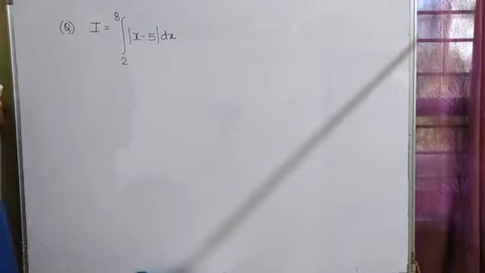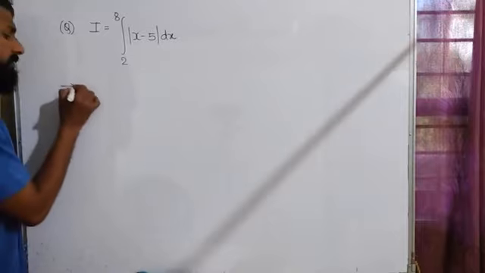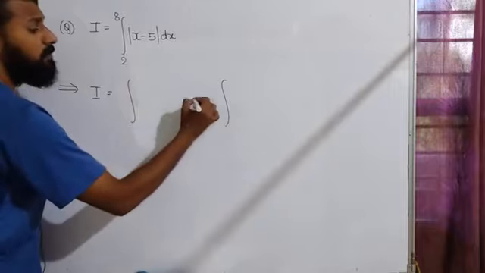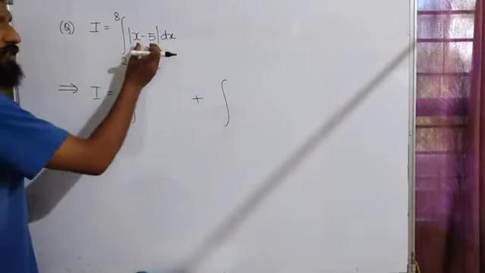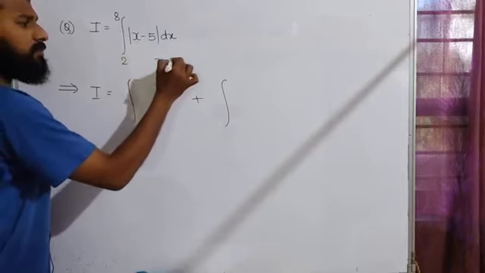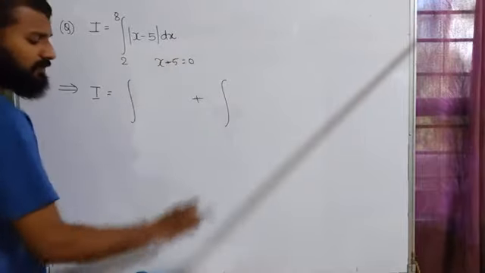Well, so the first thing is I need to break the limits. So how to break the limits? I need to check between what values I'll be getting a positive answer and a negative answer. I told you, no need to think much. x minus 5, if I equate it to 0, I'll get x minus 5 equal to 0. This minus 5 goes to that side, it will be plus 5.